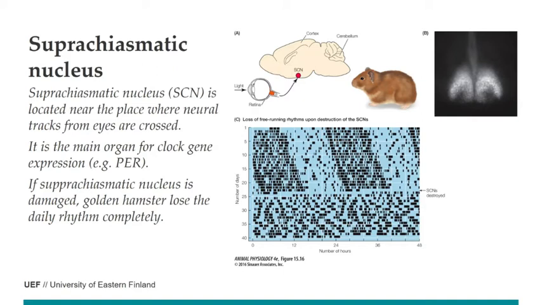For example, in this golden hamster, having a free running rhythm, so it's completely in darkness, it tries to keep the daily rhythm with the clock, but because the clock is a little bit going too fast or a little bit too slow, it can't keep the rhythm completely, and that's why there's a delay.